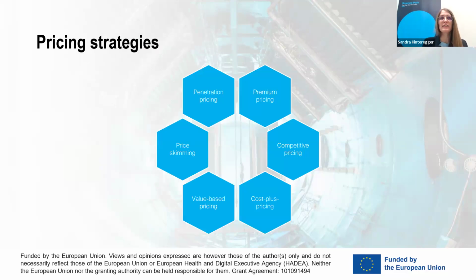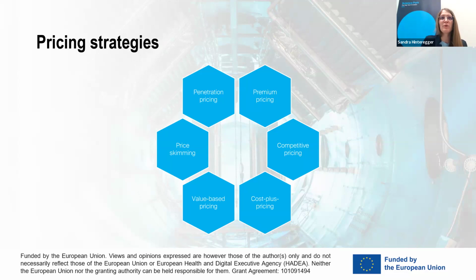The easiest one is cost plus pricing, which means simply calculating your cost per product, as we just saw, and then adding a markup. Competitive pricing means setting a price based on what the competition charges, and value-based pricing, setting a price based on how much the customer believes what you are selling is worth.